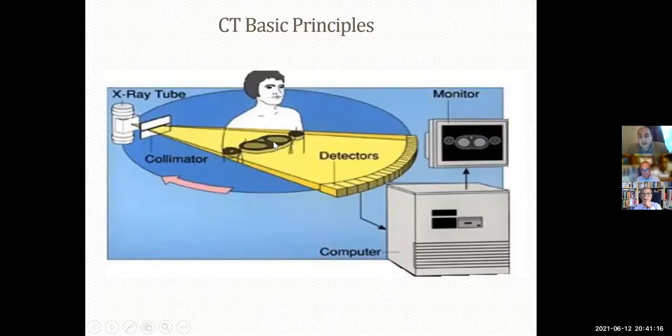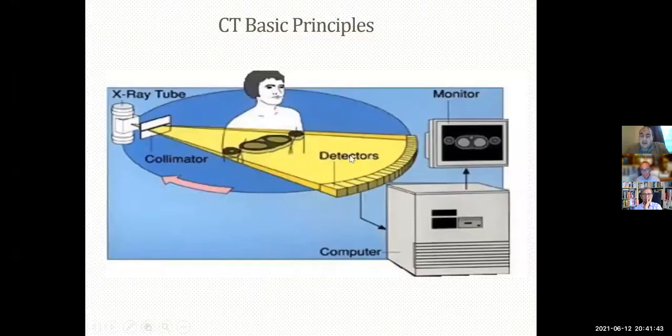So the transmitted radiation coming out from bone differs from the transmitted radiation coming out from fat or soft tissue. The intensity of radiation coming out from bone will be detected here with a certain value, but the transmitted radiation coming out from soft tissue will be detected here with another value. So now you can get an image with differences in attenuation coefficient, which will finally represent the CT image.